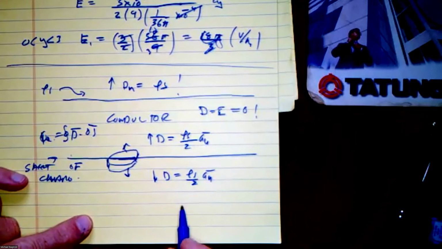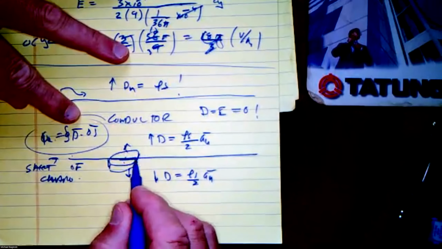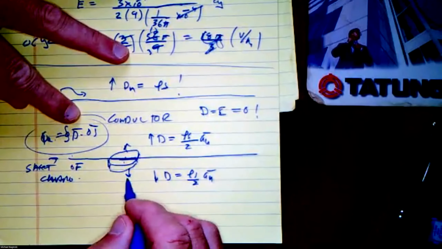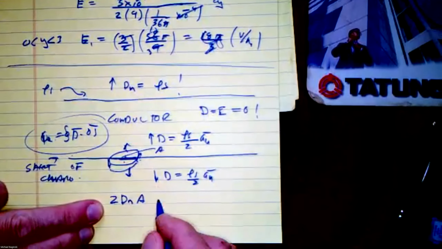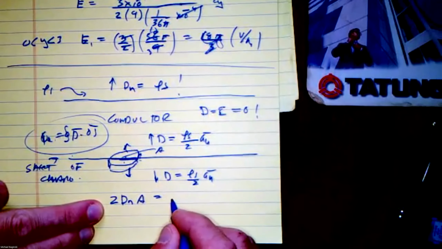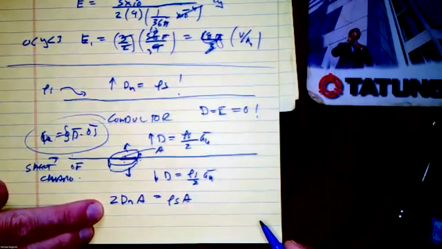The D field above is the same magnitude and up, the D field below is the same magnitude and down, but the surface vector is down as well. You get 2 times D normal times the area, and you can assume the height is 0. The charge enclosed would be rho S times A. Do you agree? Yes. So you can get rid of A, and D normal in magnitude is just rho S over 2.